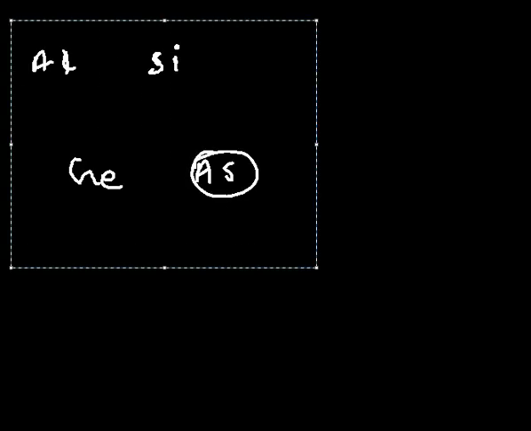And let's say we have germanium and arsenic. These elements are in the same period, but germanium comes first. Therefore, arsenic is more electronegative than germanium.